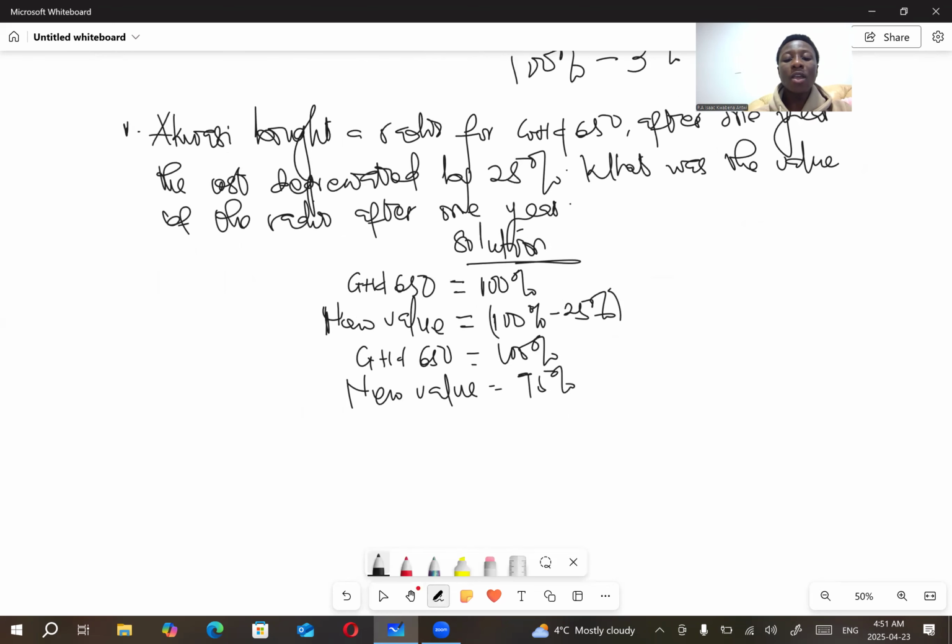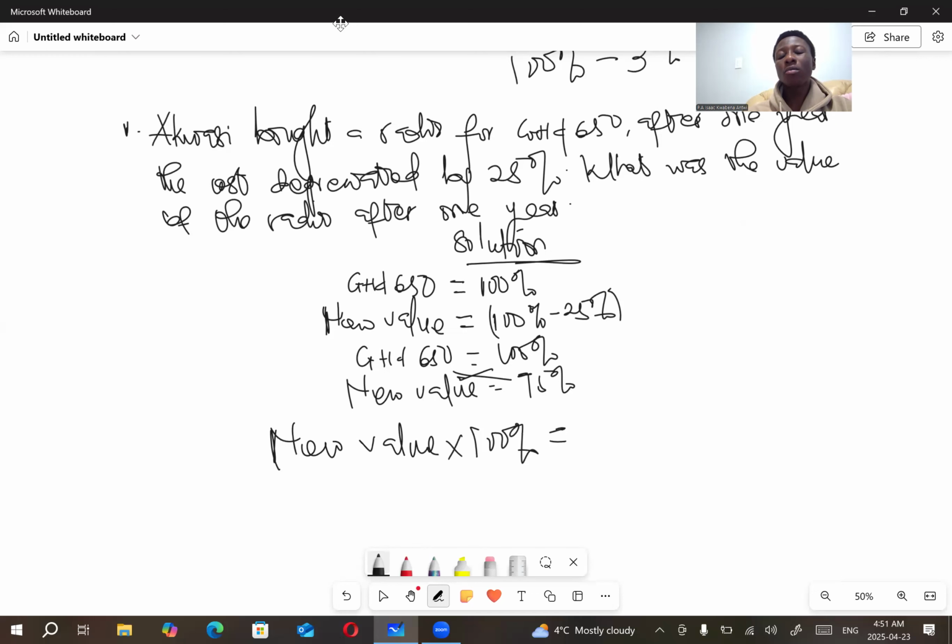Now at this juncture, you cross multiply, but I prefer you do it with the variable on the left hand side. So new value times the top, which is 100%, then you put an equal sign.